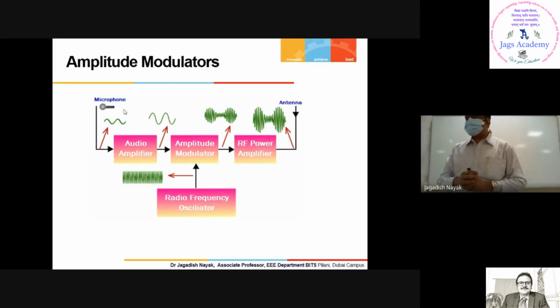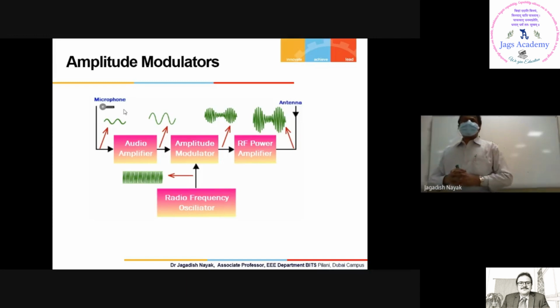You know what an amplifier is, what a transistor amplifier is, so I need not explain it. Because the microphone is a transducer, its output amplitude is very small, so you need to amplify it using an amplifier. You have done so many amplifiers in microelectronics.